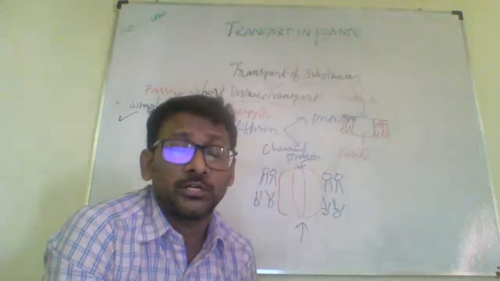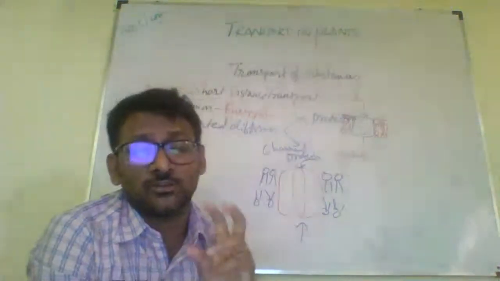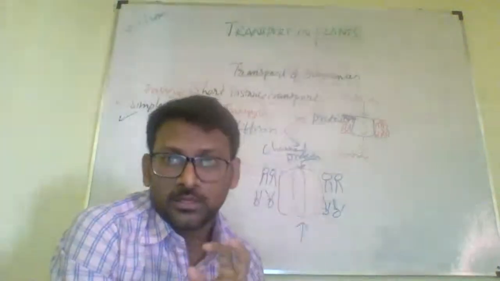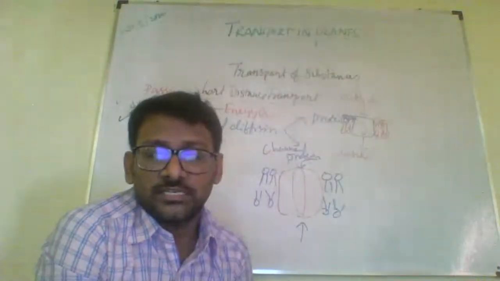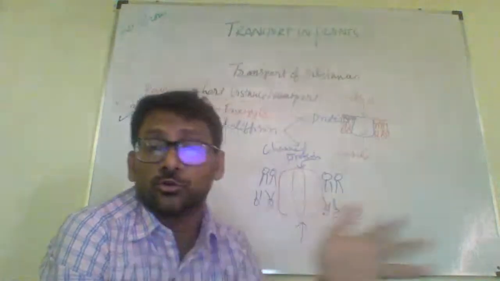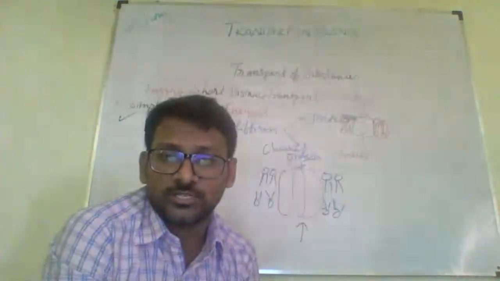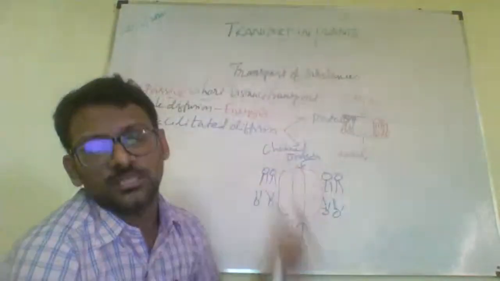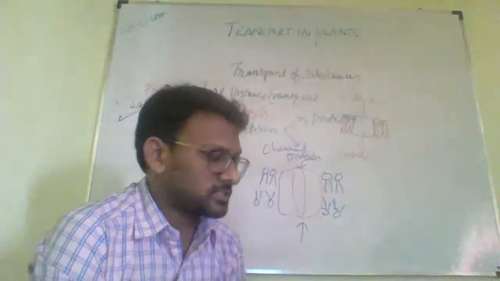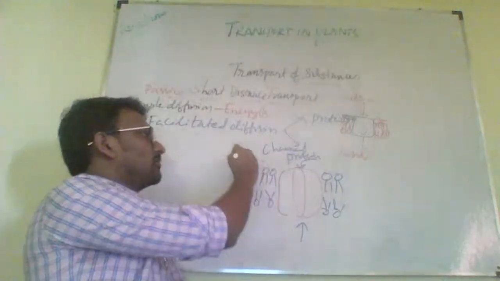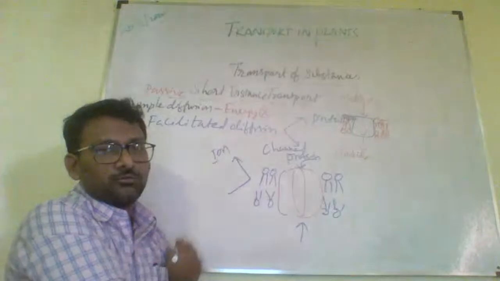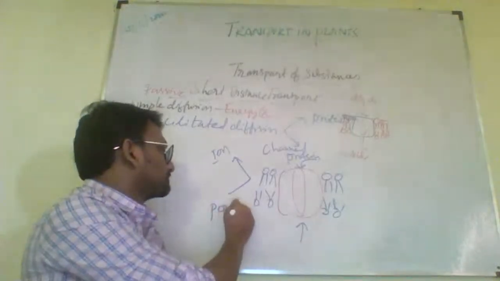You would have remembered that we talked about ion channels even in the axolemma of neurons. So here these ions will be transported through these channels. So channel proteins can be of two types: ion channels and porins.